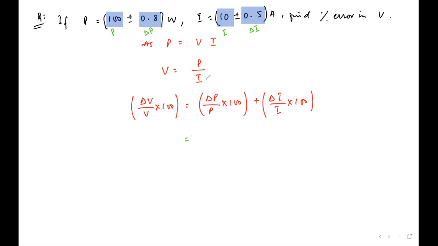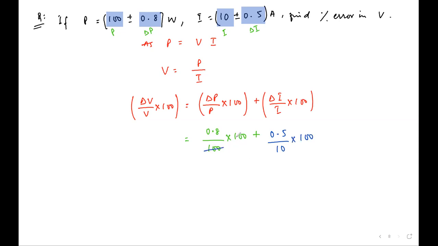We have delta P as this part, divided by P as this part, multiplied by 100. Delta I is 0.5, I is 10, multiplied by 100.